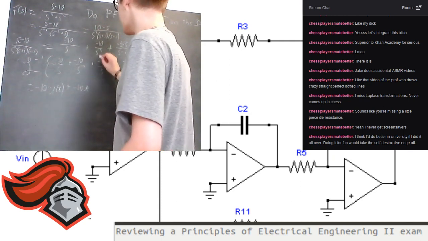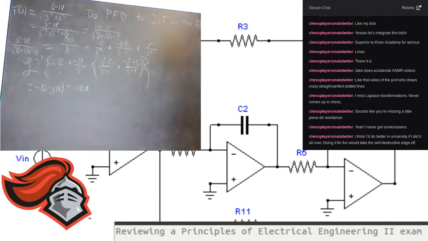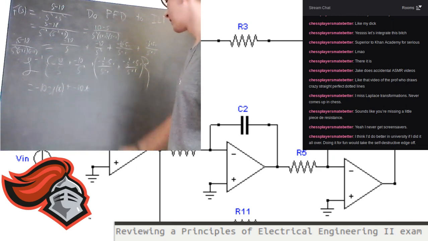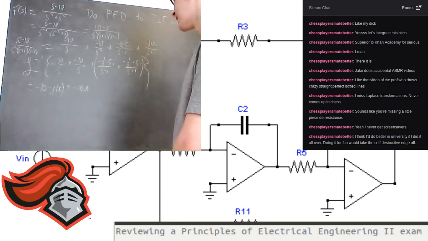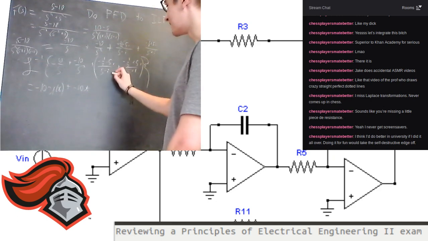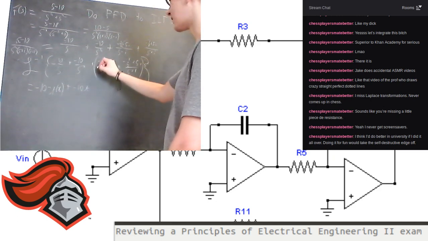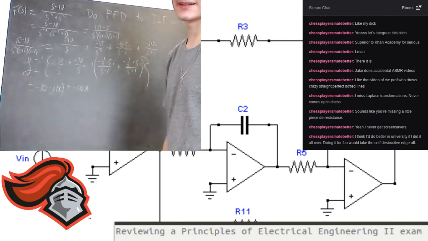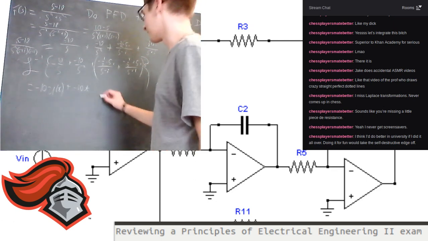Now, these two, if we look closely at our table of transforms, we see that this is the negative one, which means that this is what we take the arctangent of to get our phase angle.